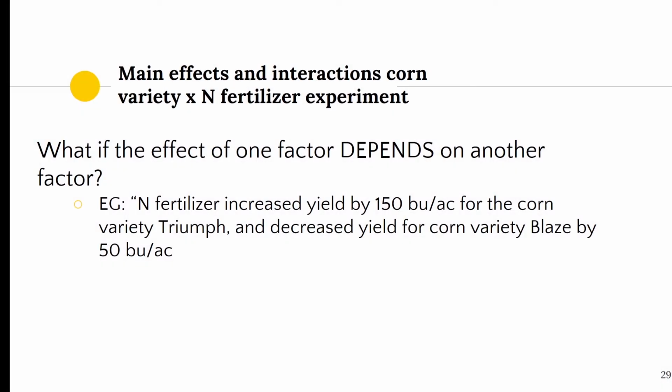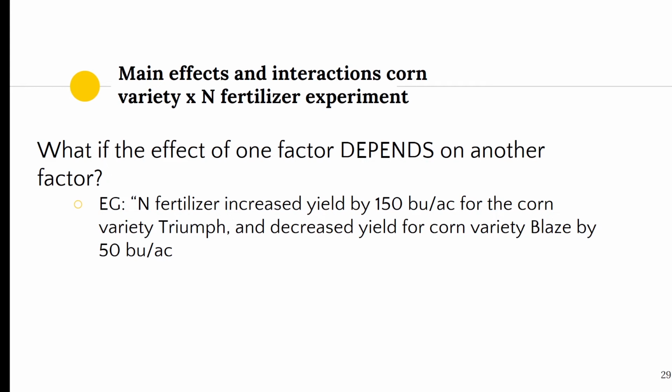But what if one factor depends on the other? So let's say if we looked at interactions, we could say nitrogen fertilizer increased yield by 150 bushels for the corn variety Triumph and decreased yield for the corn variety Blaze by 50 bushels per acre.